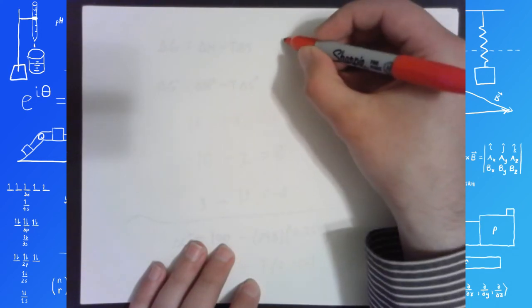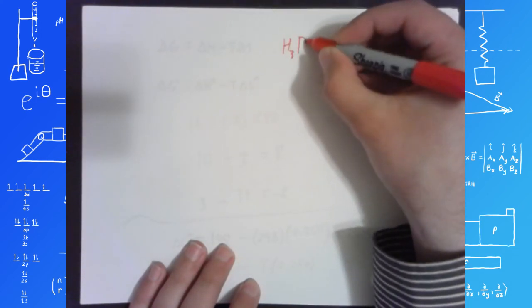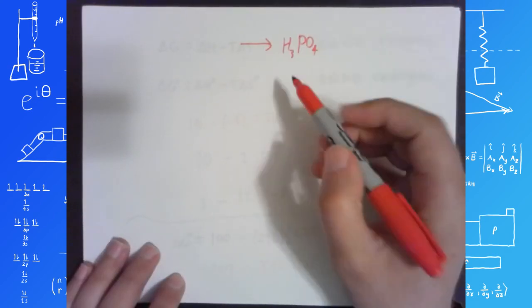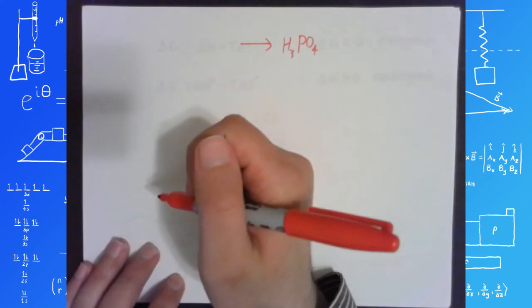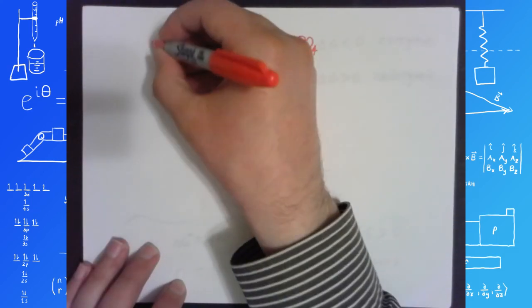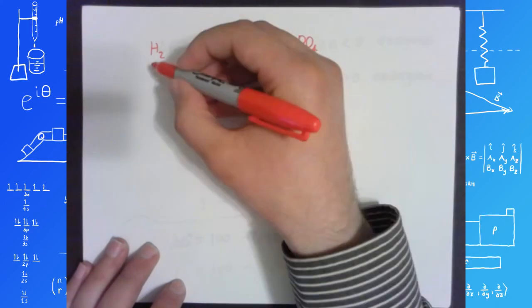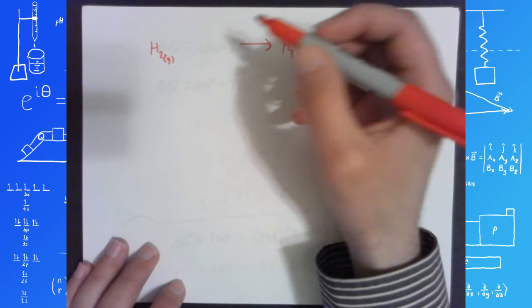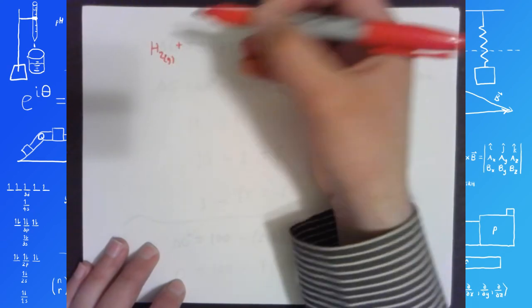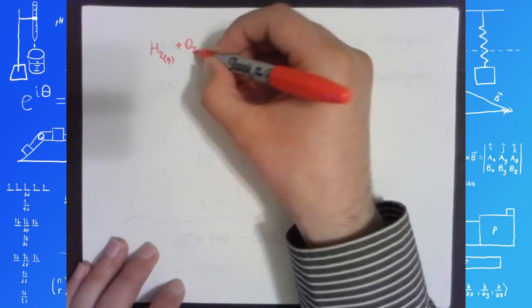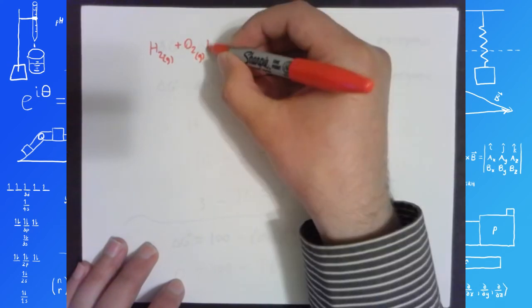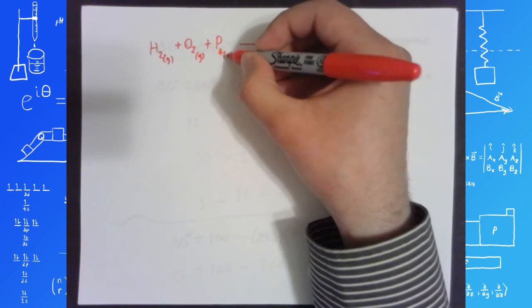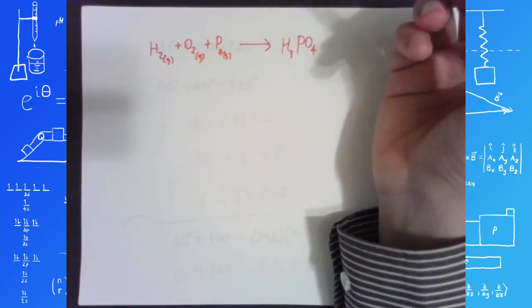So phosphoric acid, H3PO4, formed from hydrogen, phosphorus, and oxygen. So natural hydrogen is diatomic hydrogen gas. Natural oxygen gas is O2, of course, and natural phosphorus is usually in the form of P4, white phosphorus, I believe, which is in the solid state.